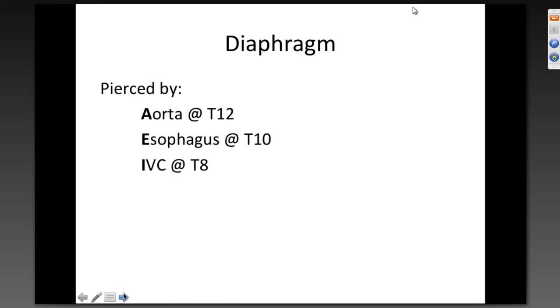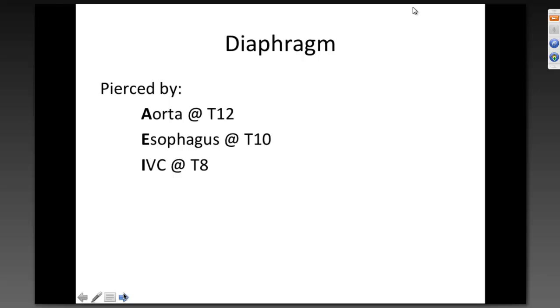Now, let's talk about the diaphragm. There are three, count them, three things that pierce the diaphragm. I put them in a cute little order that you can remember them, in the order of vowels, but it goes from inferior to superior. So we're traveling bottom to top as we're saying A-E-I.